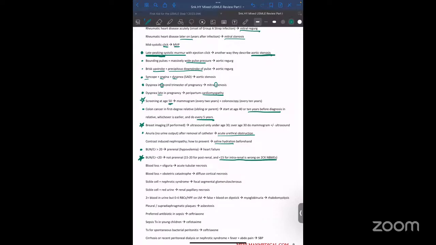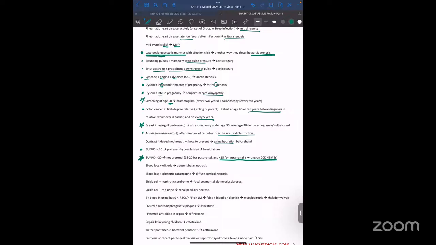So I thought on Step 1 First Aid we said more than 20 is pre-renal azotemia, less than 15 is intrinsic renal failure, post-renal varies. Less than 15 for intrarenal is wrong on 2CK and BMEs.